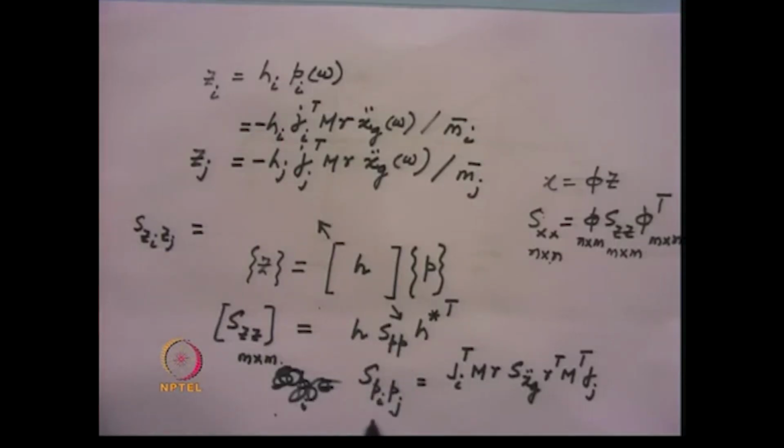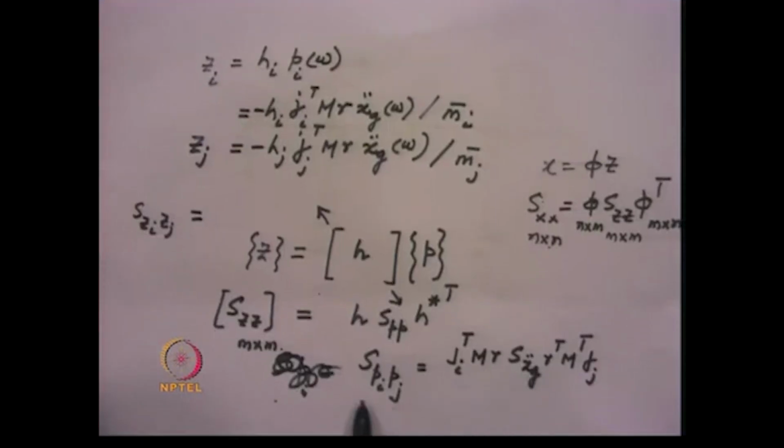Any term of the S_pp matrix can be obtained from this relationship: S_pipj = J_i^T M r S_xg double dot r^T M^T J_j, the cross power spectral density function between the modal force p_i and the modal force p_j. That is given by this equation, and the only thing to note is that this is the i and this is the j.